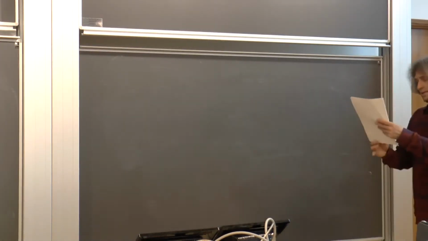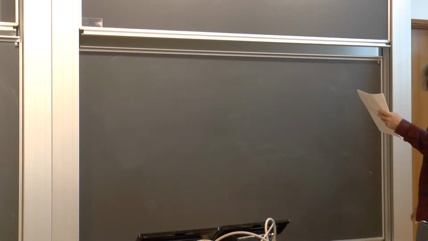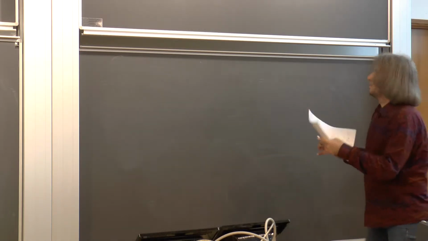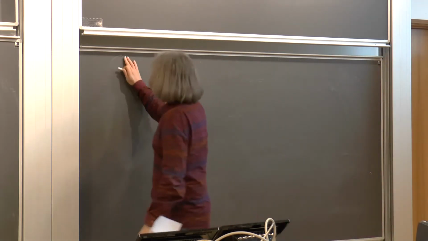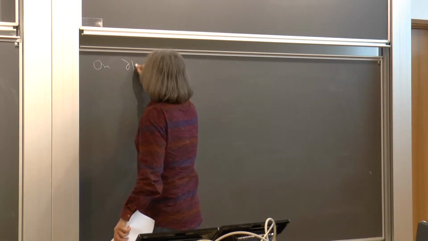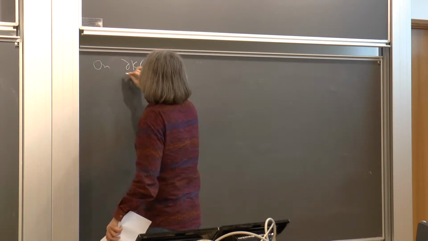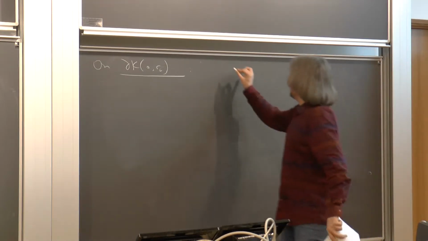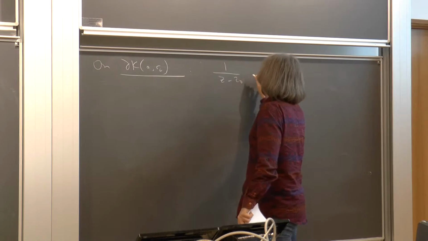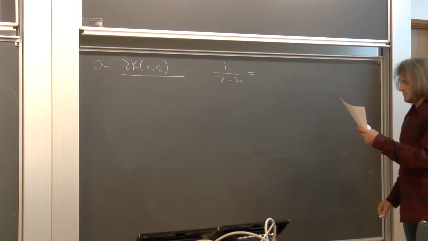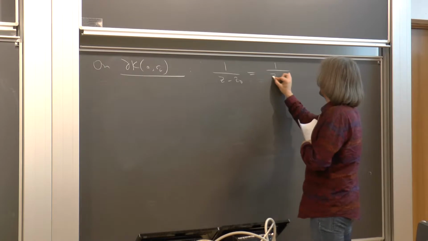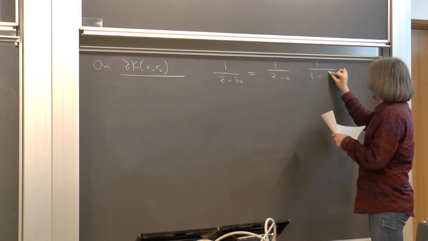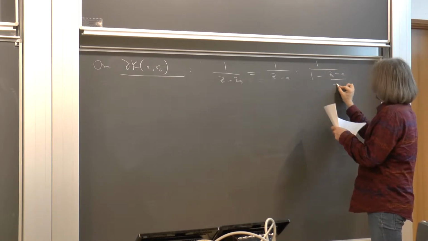Exactly like we did in the Cauchy formula for derivatives, we take the first one, on the circle of radius r2. Of course we start by rewriting 1 over z minus z naught, and this is 1 over z minus a times 1 minus the quantity z naught minus a over z minus a.